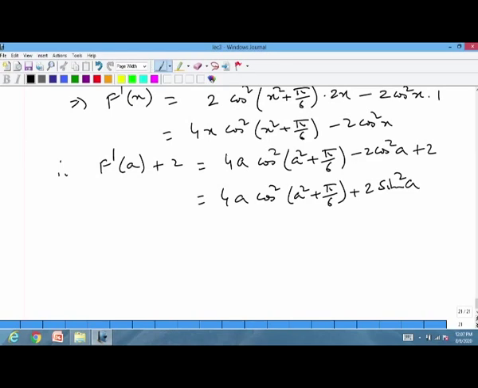Now, this is given to be equal to the integral. So, therefore, integral from 0 to a of f x dx is equal to 4 a cos square of a square plus pi by 6 plus 2 sin square a.